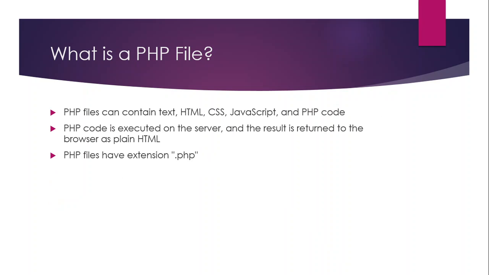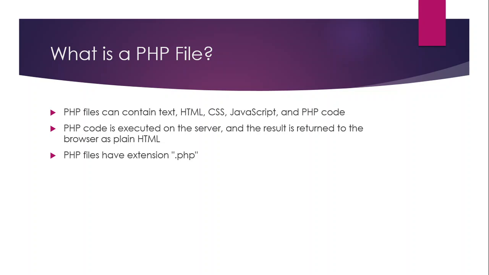What is a PHP file? Remember, we have a PHP file, just like you have an HTML file, a CSS file, or a JavaScript file. The same applies to PHP. So let's find out what a PHP file is. A PHP file can contain text, HTML, CSS, JavaScript, and PHP code. PHP code is executed on the server and the result is returned to the browser as plain HTML.